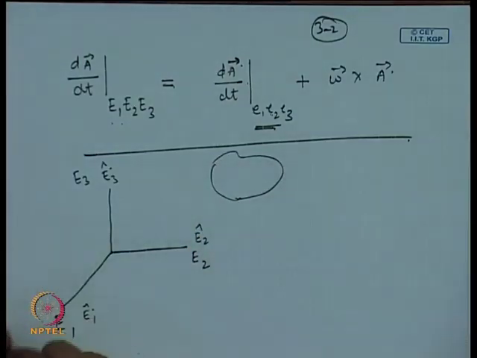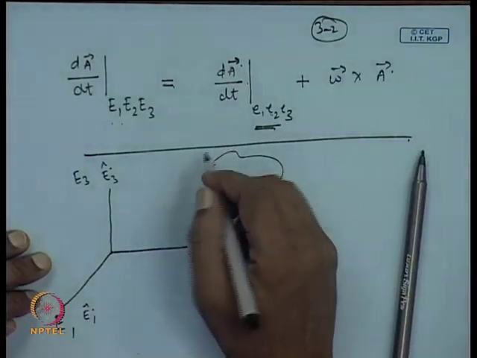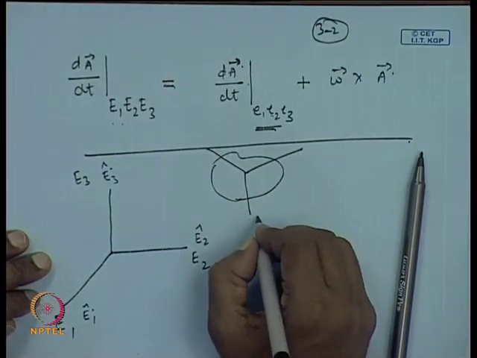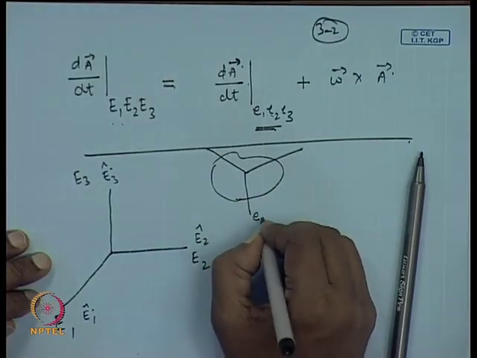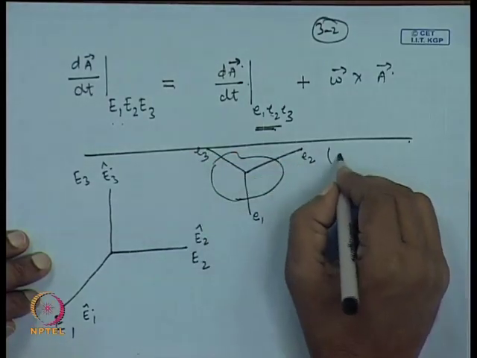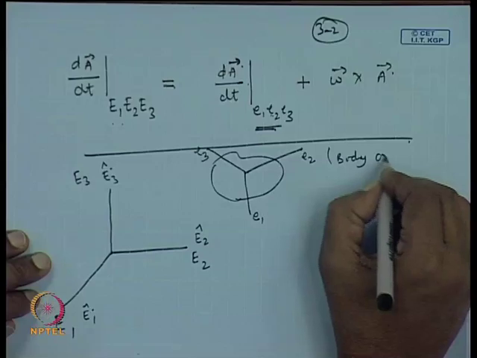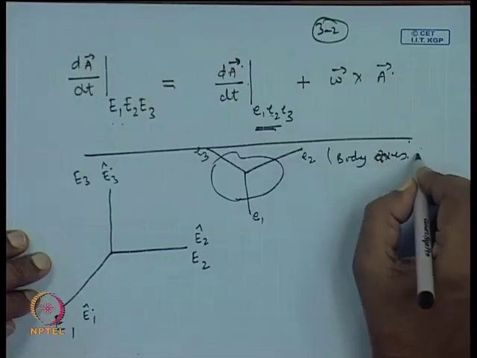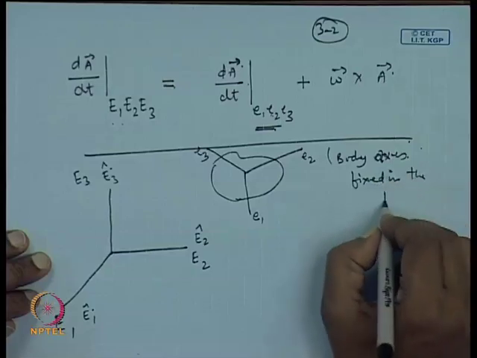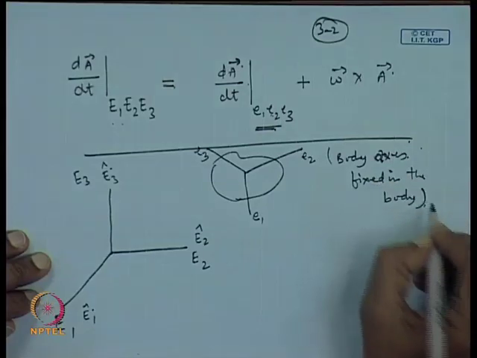and we fixed a triad of axes, termed as E1, E2 and E3. This is the body x, body x is fixed in the body. So, it is rotating along with the body.